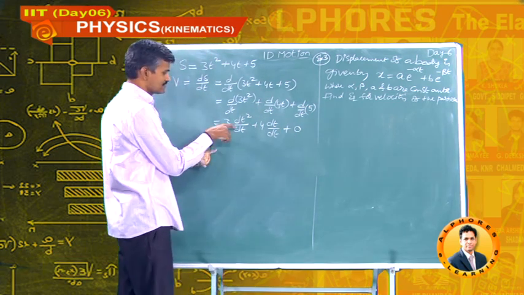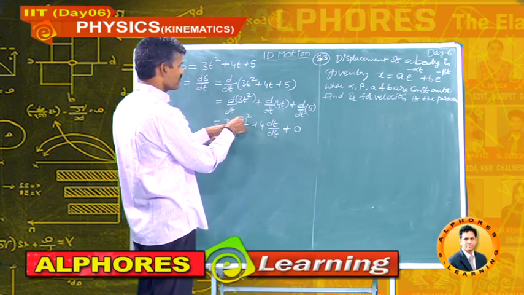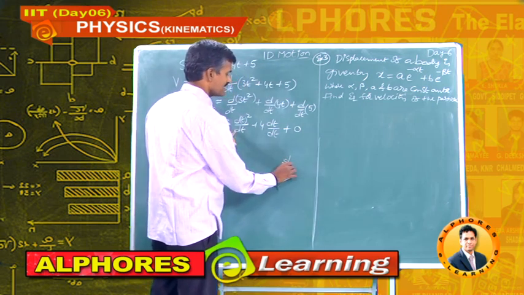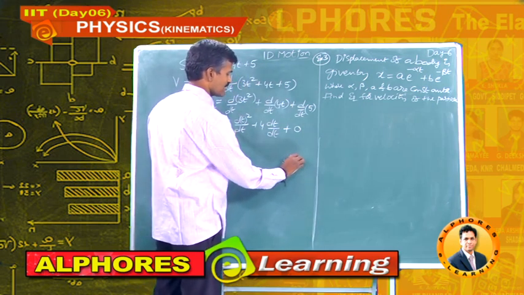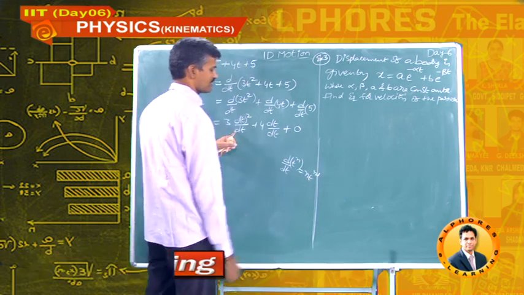Here we have t square. We already know that d by dt of t power n is n into t power n minus 1.